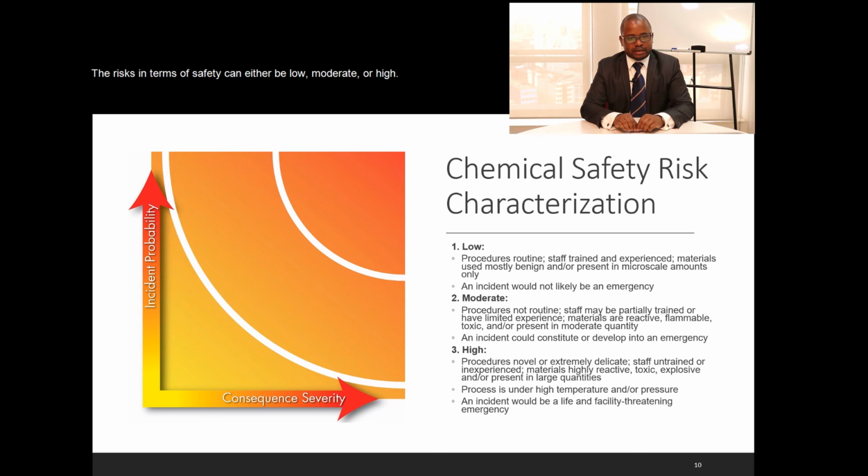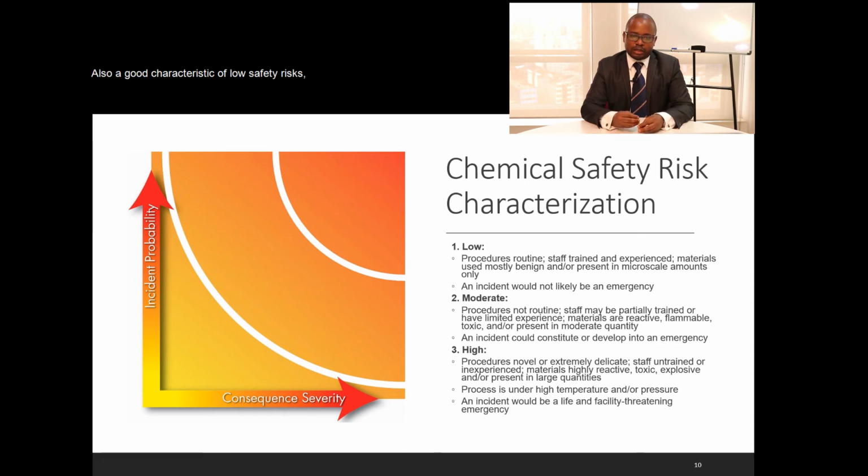The risks in terms of safety can either be low, moderate, or high. And in the low risk regime or region, this can be characterized by having routine procedures.